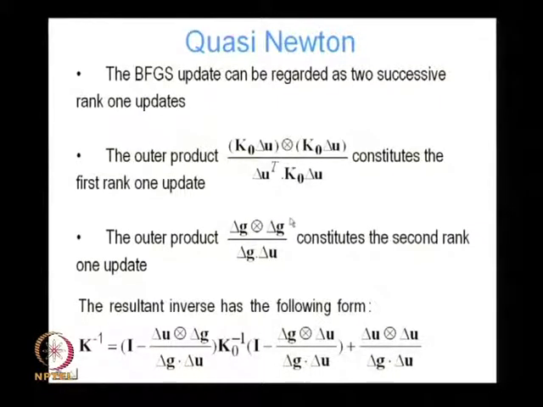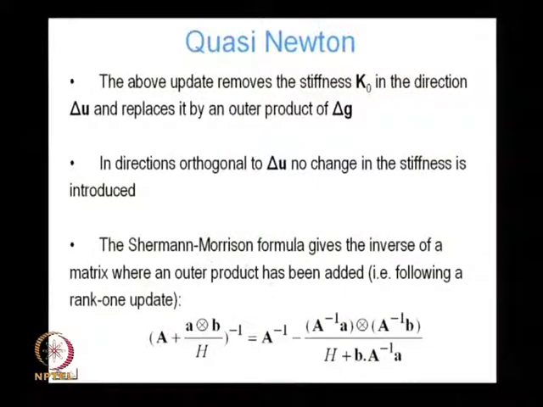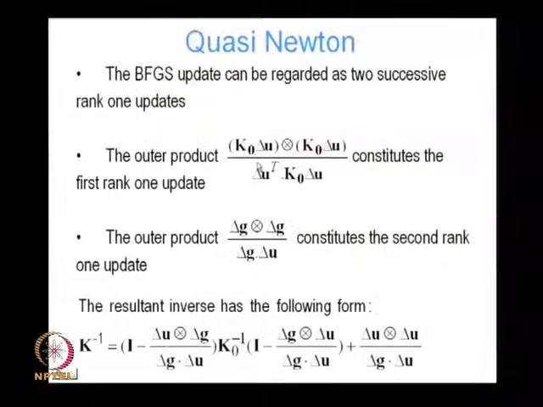So, with these two rank 1 updates, my new inverse is going to be, if I use my Sherman Morrison formula and replace this A and B with these vectors, then this is going to be my new updated quasi-Newton inverse. Is that clear? So, this is the resultant inverse if I use the quasi-Newton update and then I use my Sherman Morrison formula.